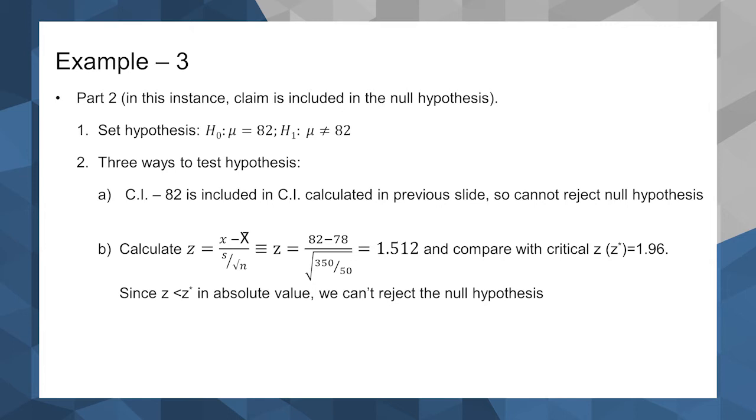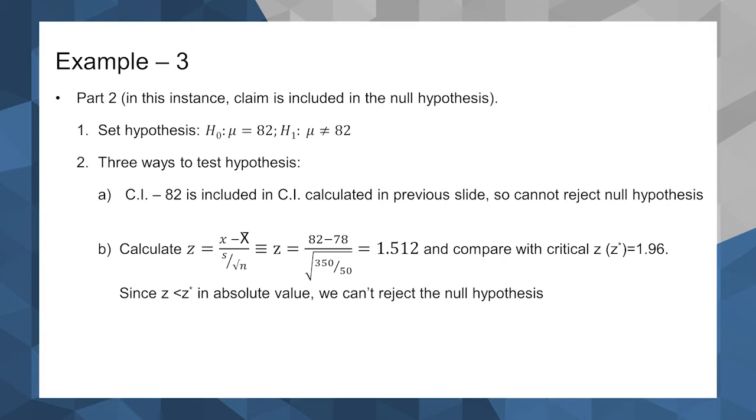And so in that case, we cannot say with 95% confidence that the mean is different from any of the values within that interval. And so that's the same with 82.